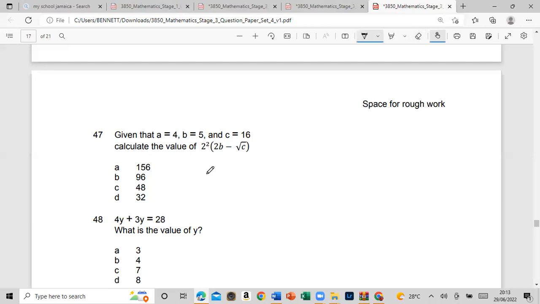So 2b. Work out the bracket first, right? So 2b, that's 2 times 5, 10, minus the square root of 16, which is 4. So the square root will be 4. So that will be 10 minus 4.